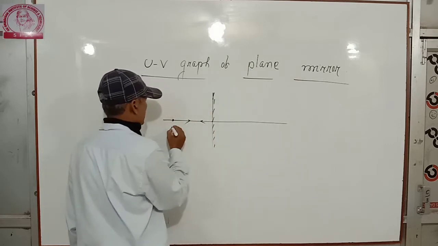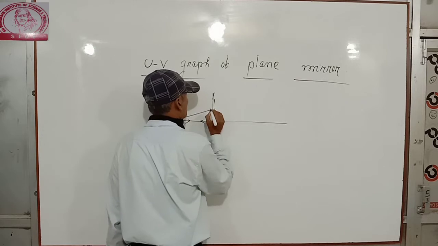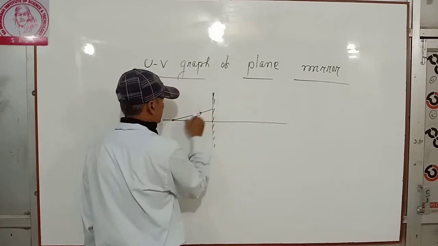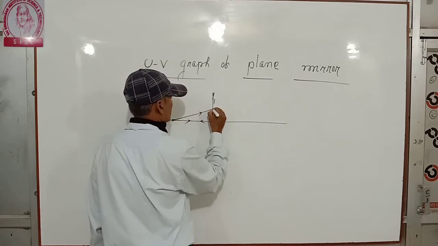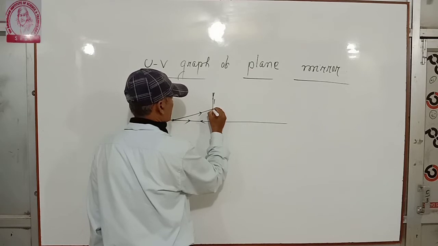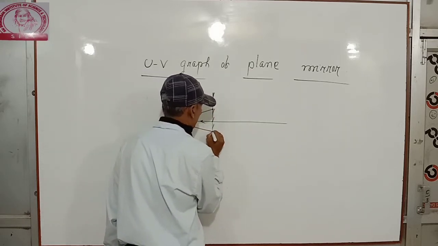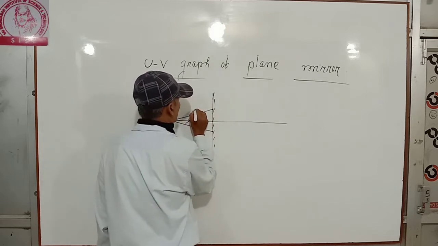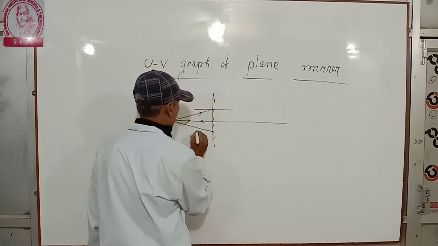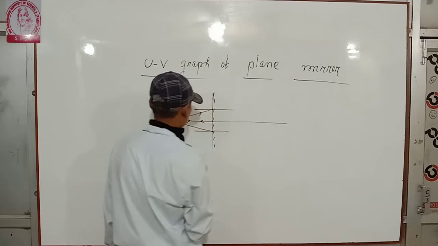Now let's say another incident ray moves in this direction, strikes the surface here. This is the point of incidence. Another point of incidence is here. Okay, what happened? You have to draw the normal here. Again you have to draw the normal here.